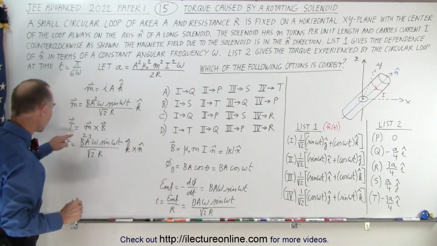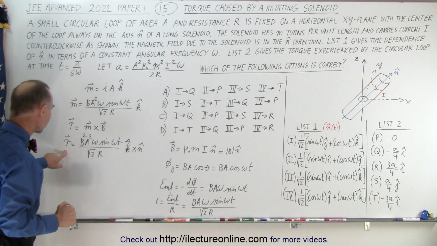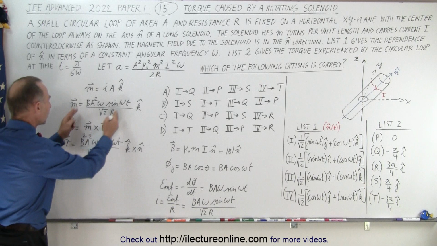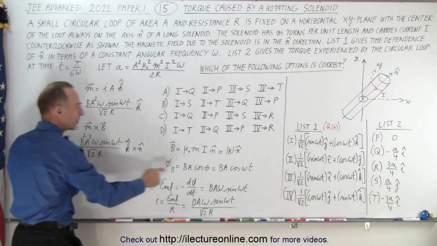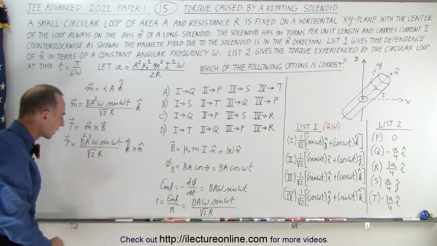So that is simply the product of the magnetic moment times the B field, and that gives us the torque. The torque is going to be the cross product of the magnetic moment, which is this, times k, and B is going to be B times n. So I'm going to do the cross product with k times n.